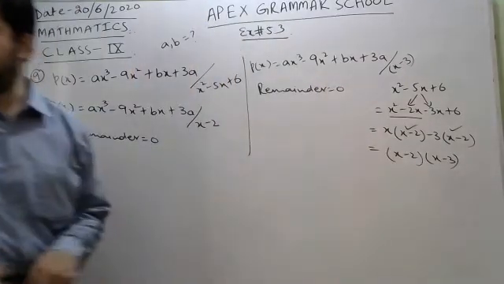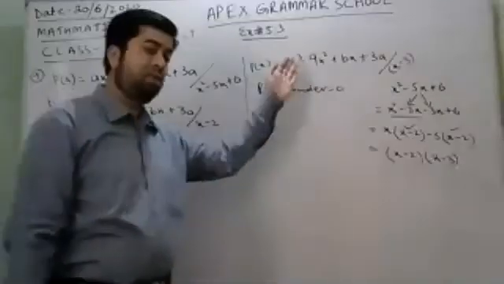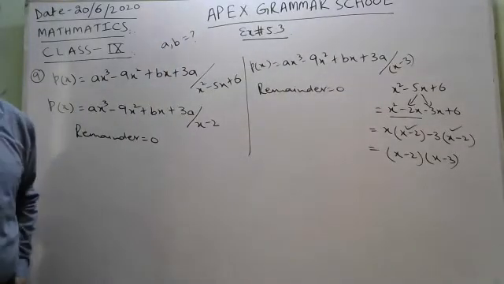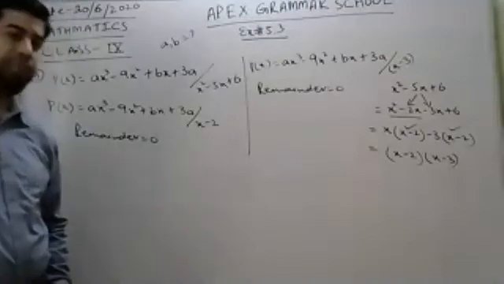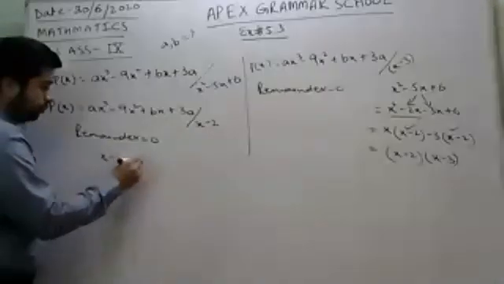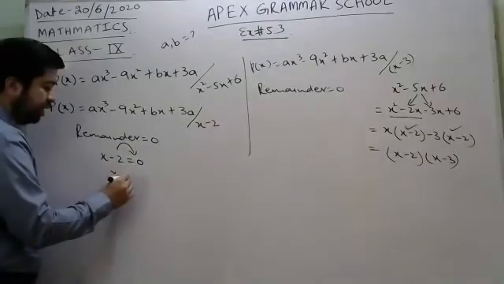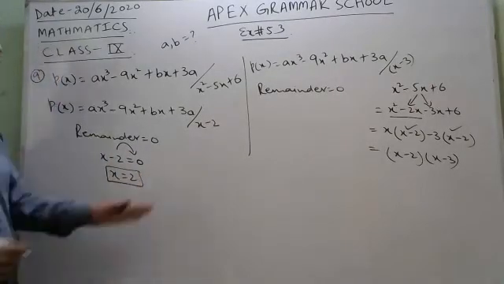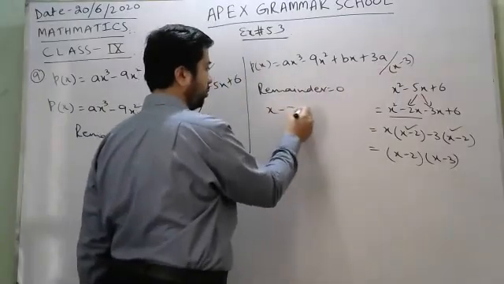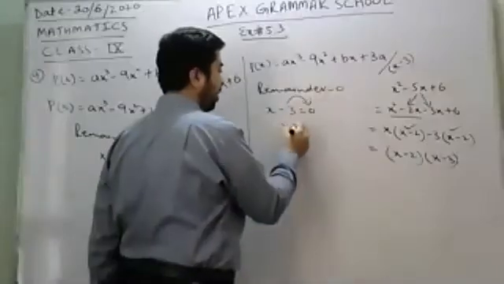How can we say that its remainder is 0? Because it is also exactly divisible, as we mentioned in the question statement. So apply the zero method there and get the value x equal to 2, and apply the zero method there and get the value x equal to 3.